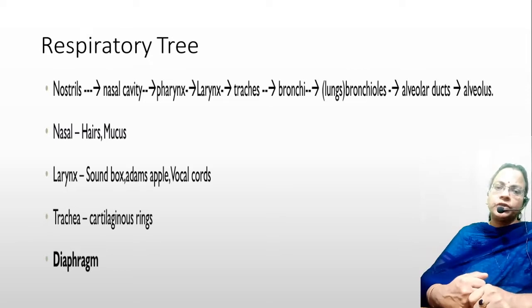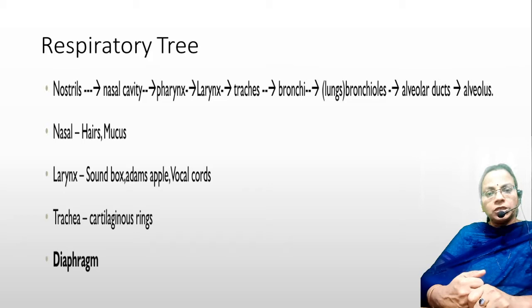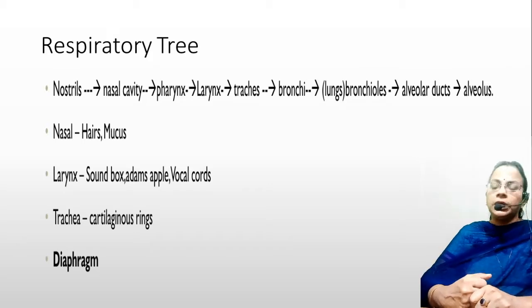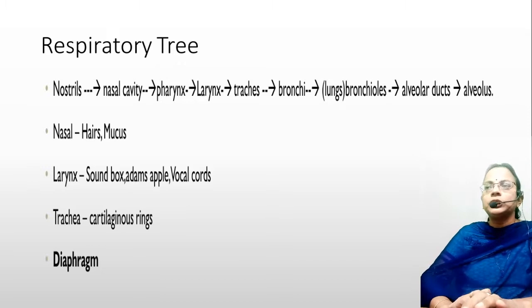Hence the alveolus is the unit of exchange, and it is considered the structural and functional unit of the lungs. Within the alveolus only the respiratory exchange takes place. So this is the respiratory tract. It starts from nostril, nasal cavity, pharynx, trachea, then bronchus, bronchioles, and again minute bronchioles.